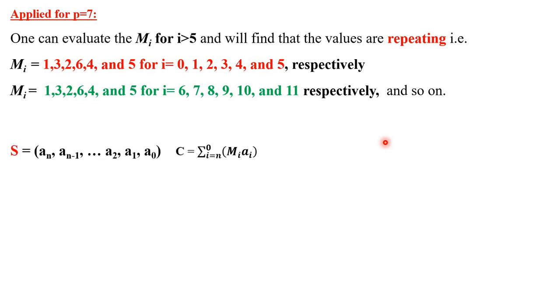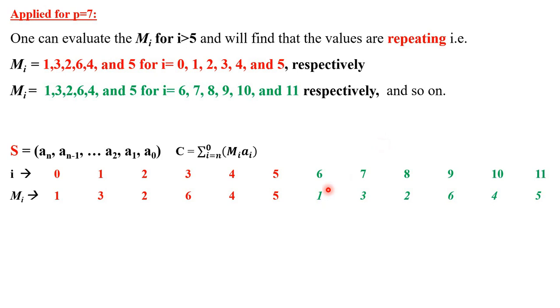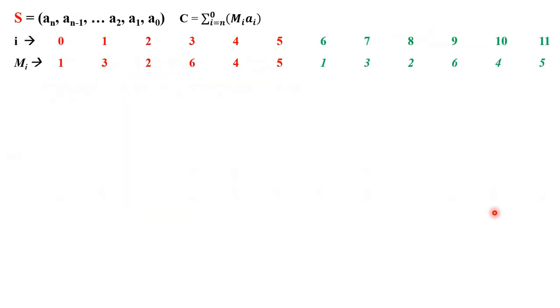Let us see a quick example. Here it is listed in a systematic way: for i equal to 0 to 11, the red color 1, 3, 2, 6, 4, 5, and then repeated again in blue and green, 1, 3, 2, 6, 4, 5. So, let us really see a big number, 12 digits.